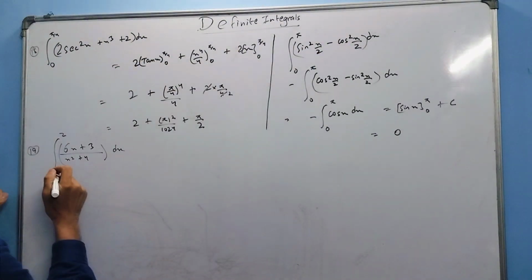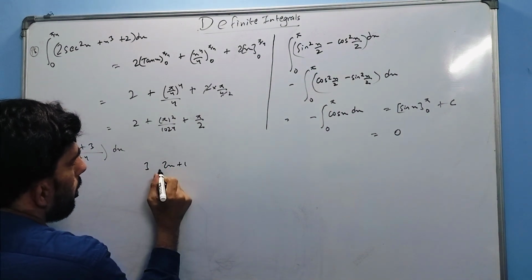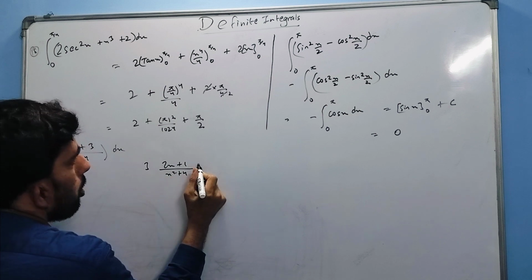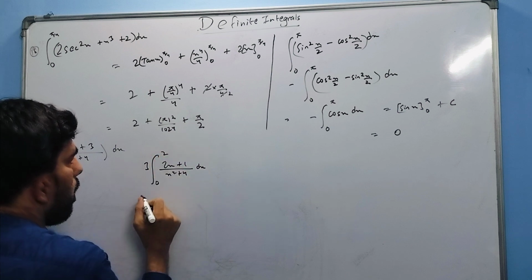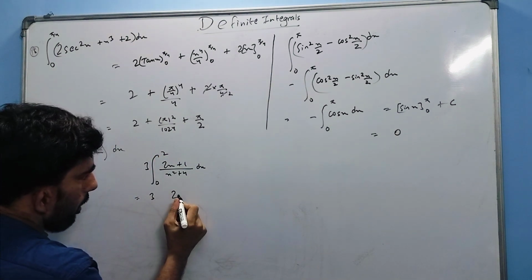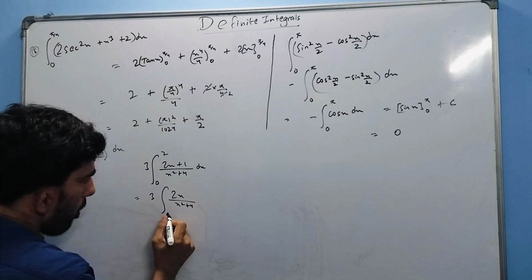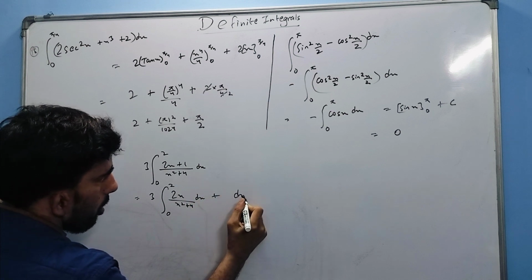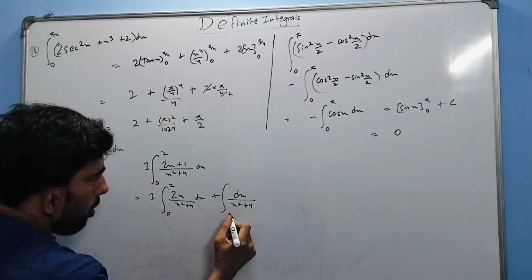What we can do is take 3 common outside. So I got 3 times the integral of 2x plus 1 upon x square plus 4 with respect to dx. Next, we can separate them out. I can write 2x upon x square plus 4 dx plus dx upon x square plus 4, from 0 to 2.